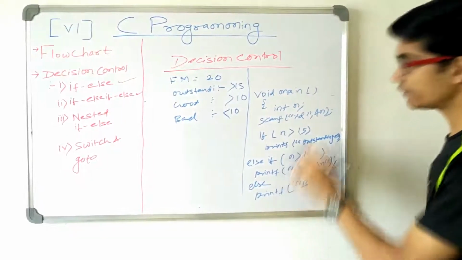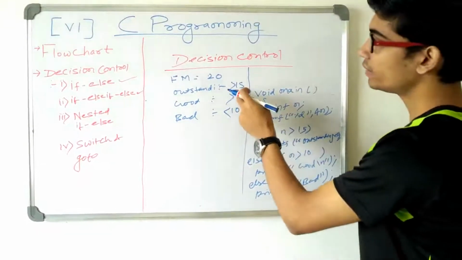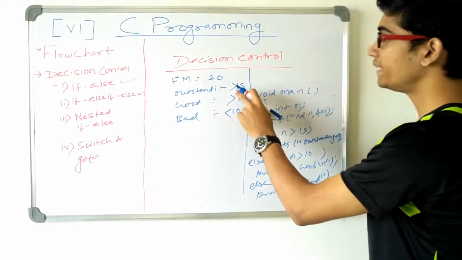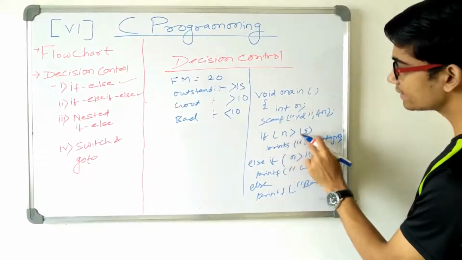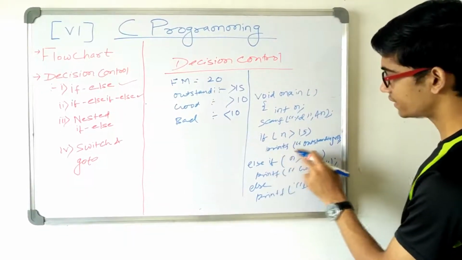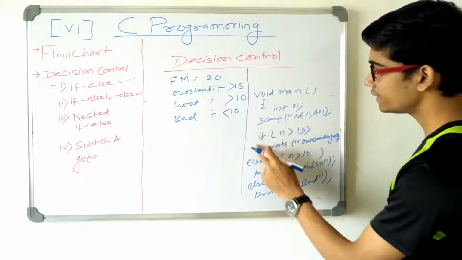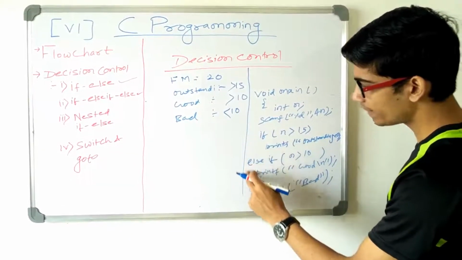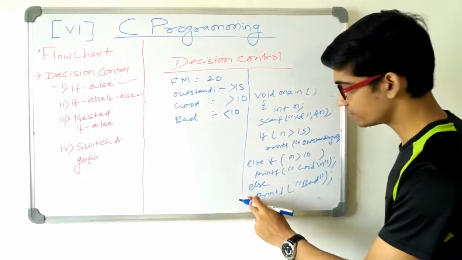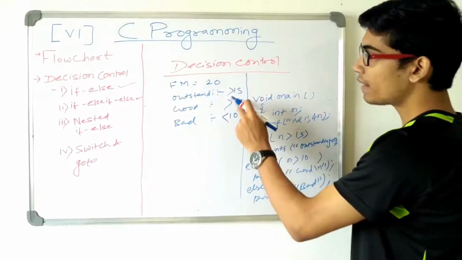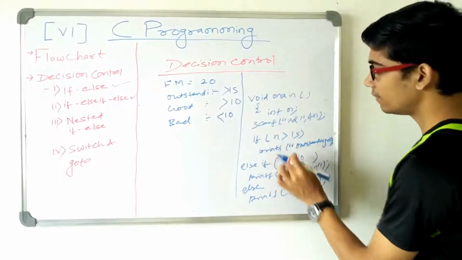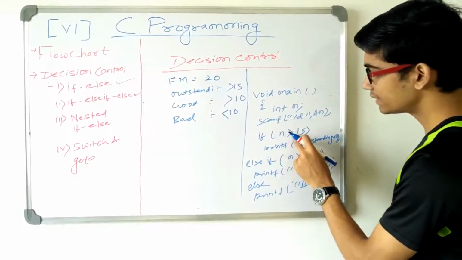So can you realize what happens if a student's mark is 17? 17 is greater than 15, so this block will be checked. Yes, 17 is greater than 15, so this will be executed, and now that this condition is true, the later parts of the if-else statements will not be executed. Now what happens if the mark is 12? 12 is greater than 15?